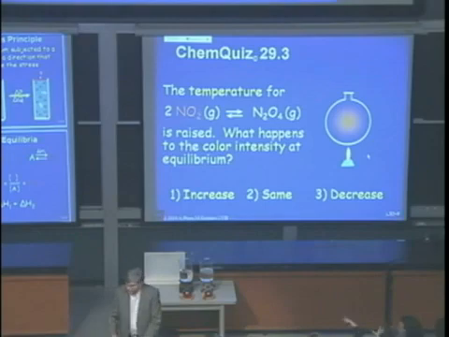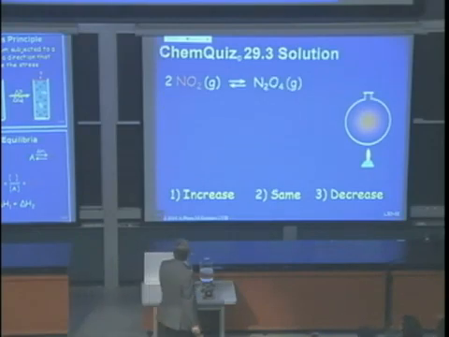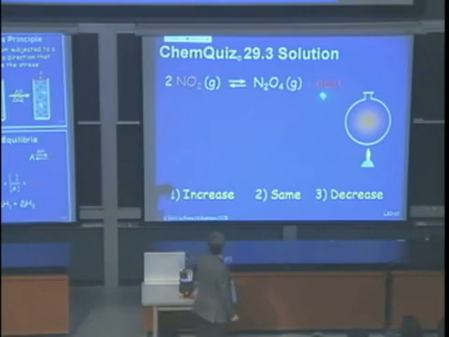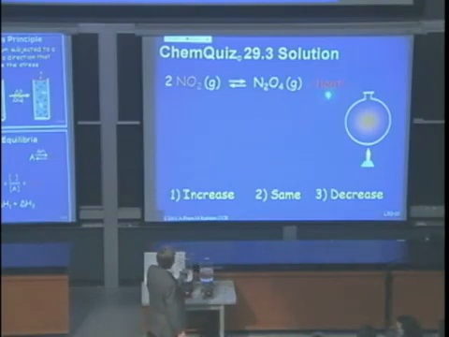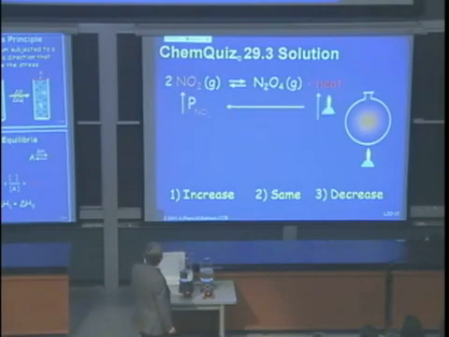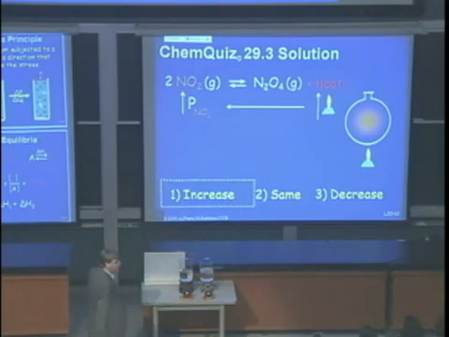Okay. Yeah, you got it. So this is how you look at this. You say heat is a product. So if I increase the temperature, I'm pushing it over here. And with this I make more NO2, and with this the partial pressure of NO2 goes up and the color will increase.